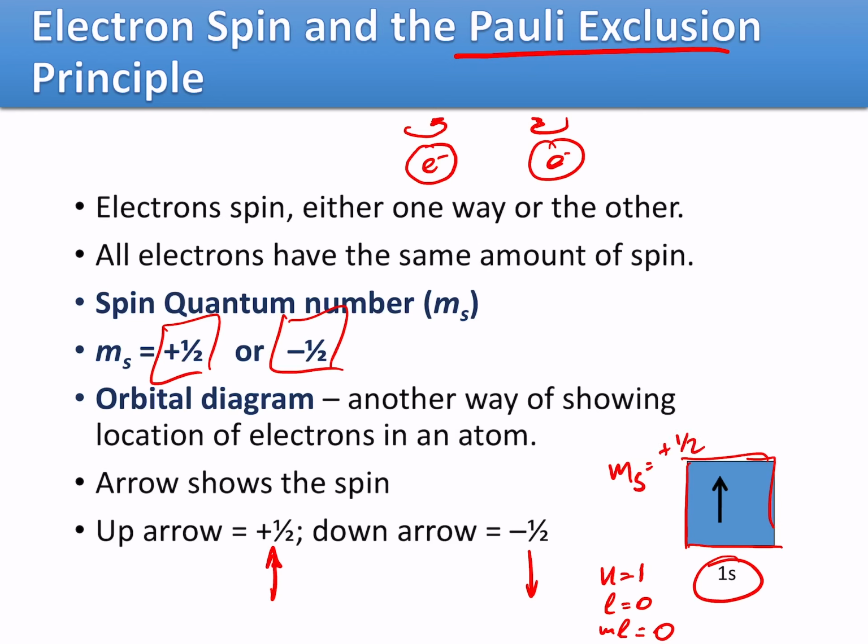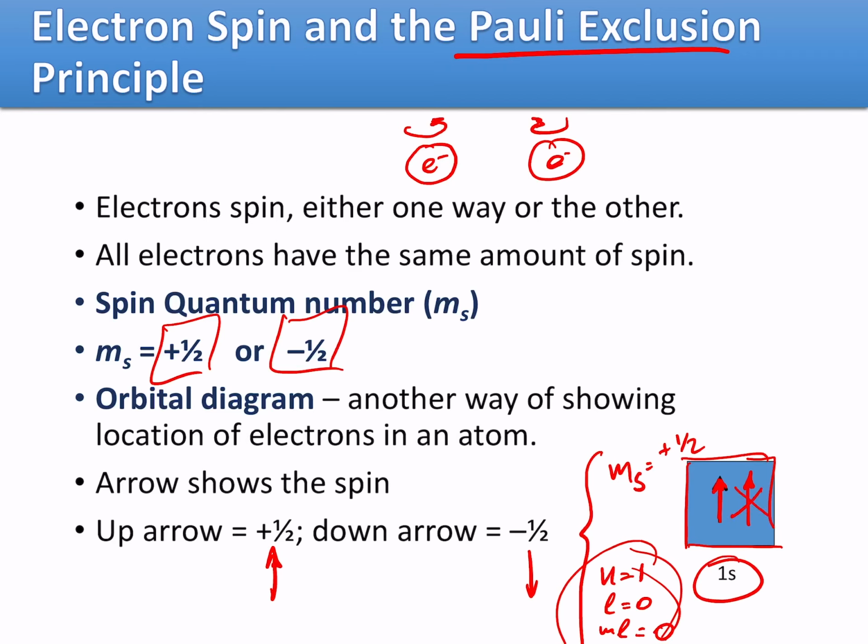Now you have defined the 4 quantum numbers for this electron. If you want to put another electron in that box, the first 3 are going to be the same, but if you put the arrow pointing up, they would have exactly the same 4 quantum numbers, and that's not allowed.